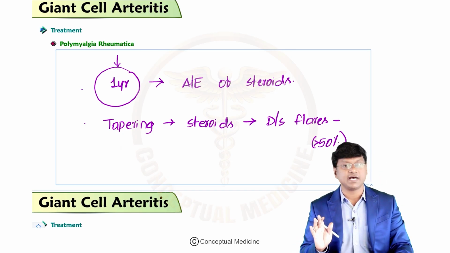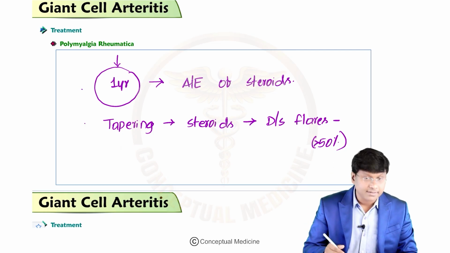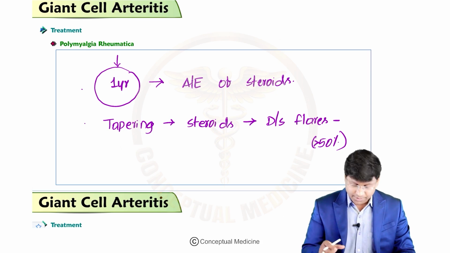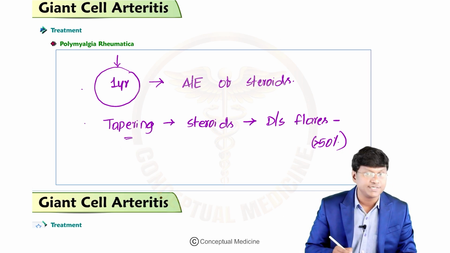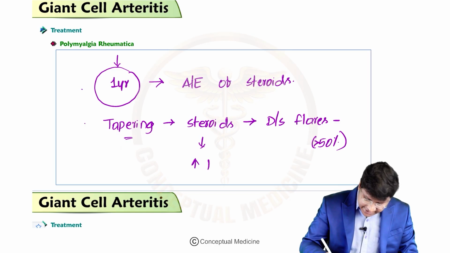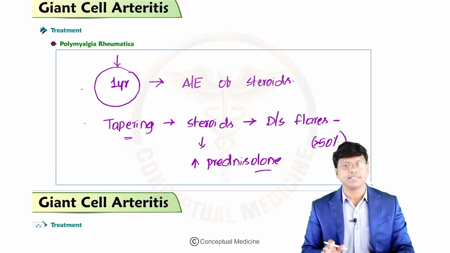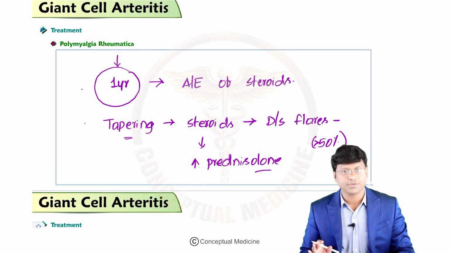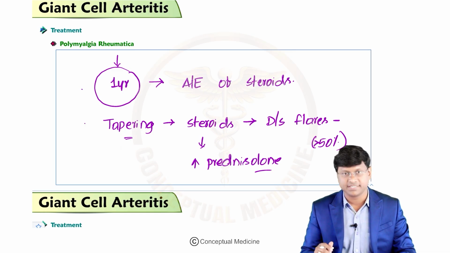And whenever the disease flares during the tapering of the steroids, this requires increasing the dose of prednisolone. So that is about the duration of the treatment of polymyalgia rheumatica.